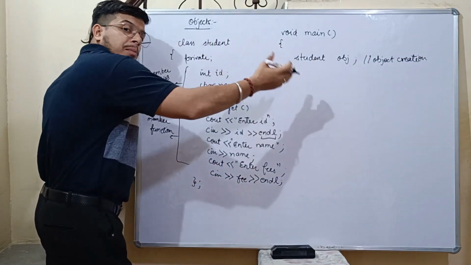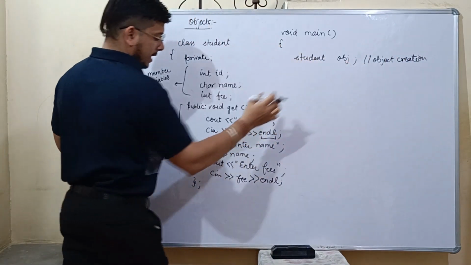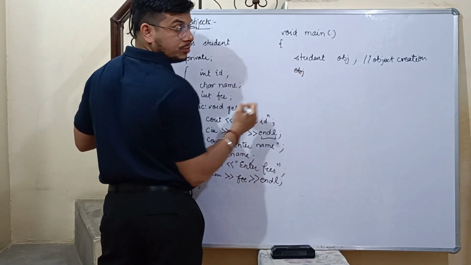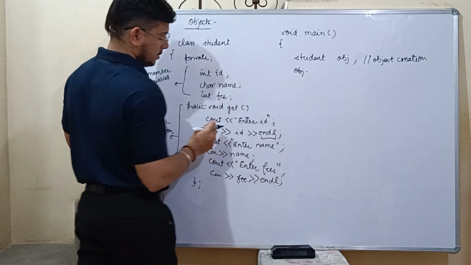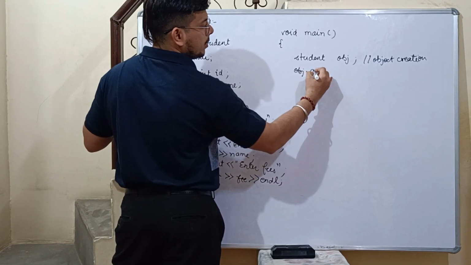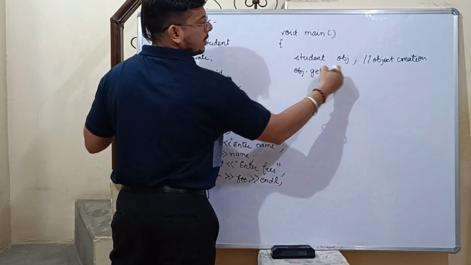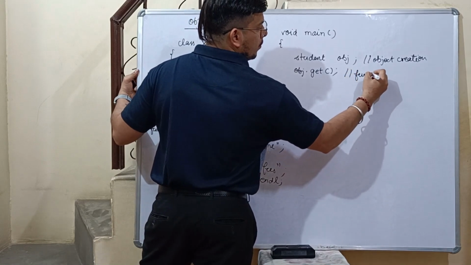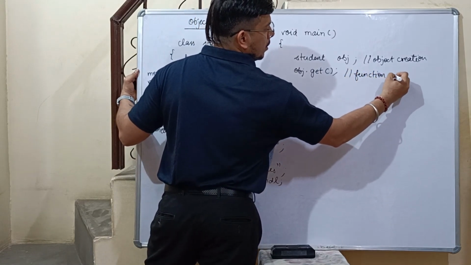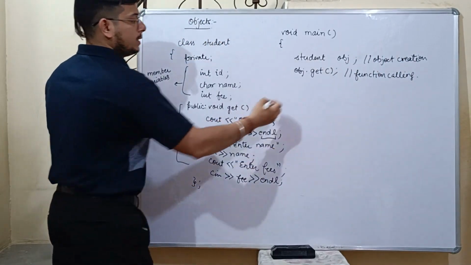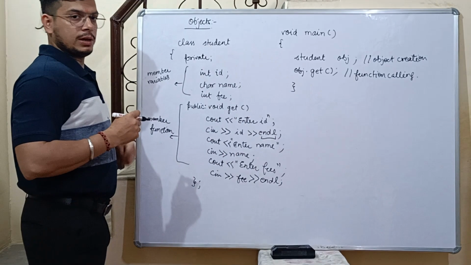Now with the help of the object only we can call the function: object dot, then the function name, get. This is what function calling is. Okay, this program is done.